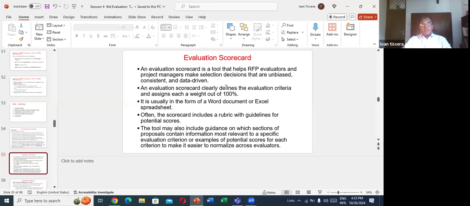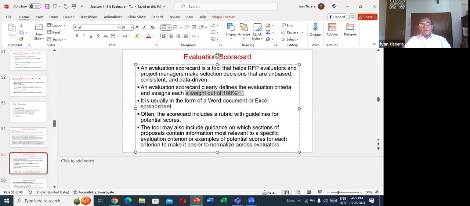An evaluation scorecard clearly defines the evaluation criteria and assigns each a weight out of 100, or sometimes 1000. It is usually in the form of a Word document or Excel spreadsheet. You can use an Excel spreadsheet easily. Often the scorecard includes a rubric with guidelines for potential scores.